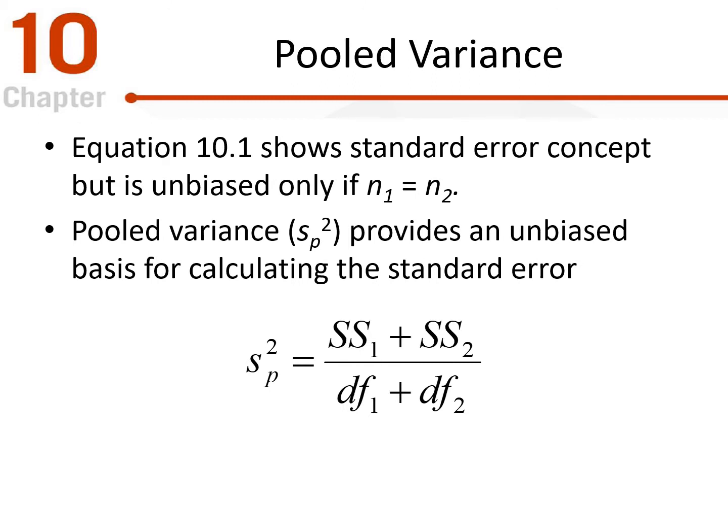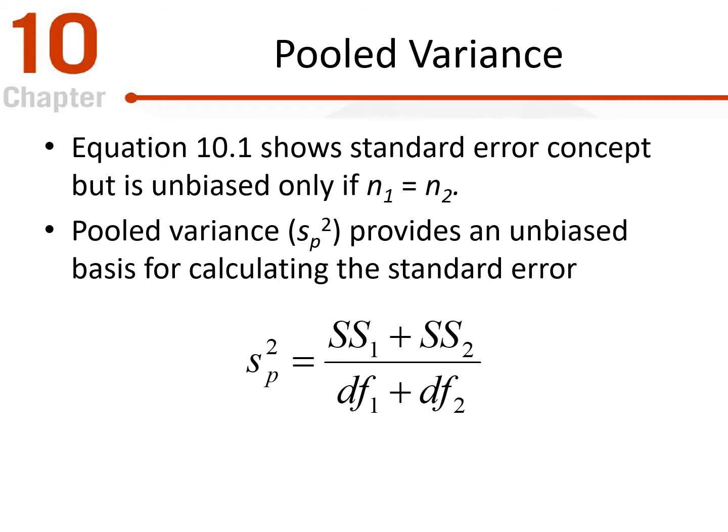Now, if the sample size is not equal for your two samples, in order to calculate the standard error, or first you have to calculate the variance, you're going to have a discrepancy here. So the pooled variance is basically a weighted average of the variances, and it gives more weight to the sample that has a larger sample size.